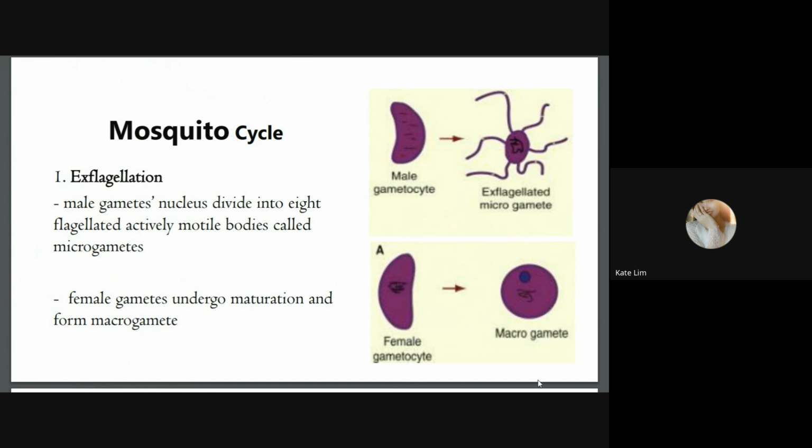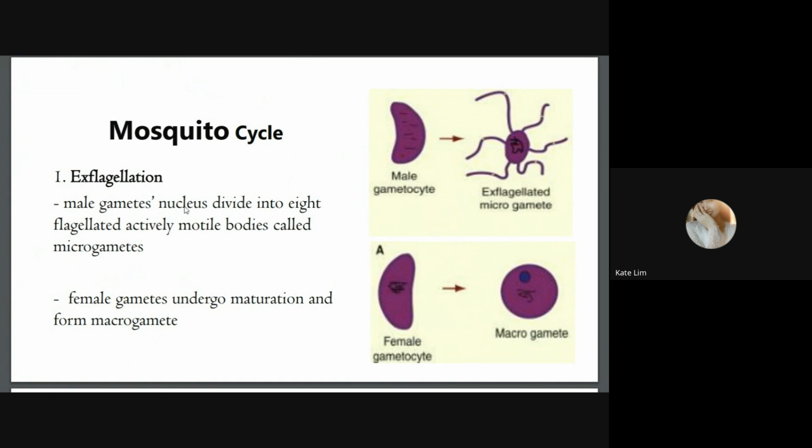So again, the male gametocyte undergoes exflagellation and becomes microgametes, while the female gametocyte undergoes maturation and transforms into macrogametes. All right. In exflagellation, as you can see, these microgametes are actively motile because of the flagella.